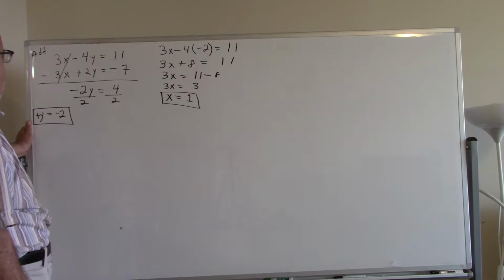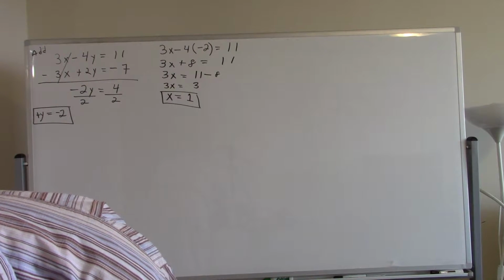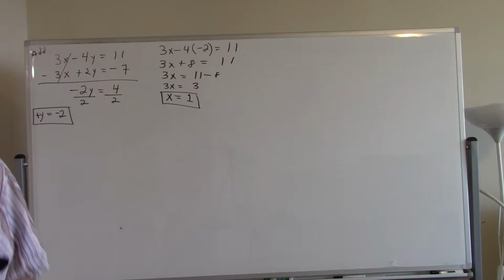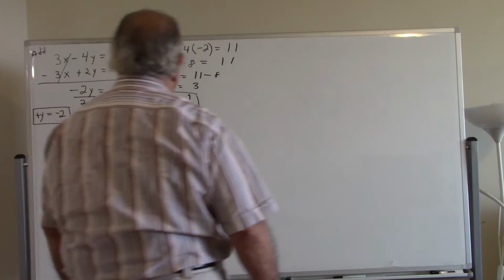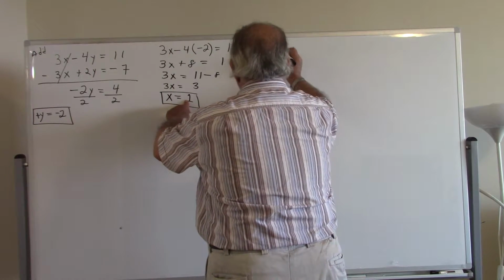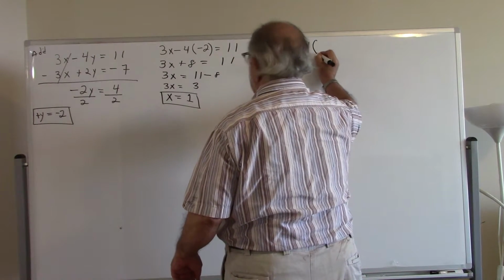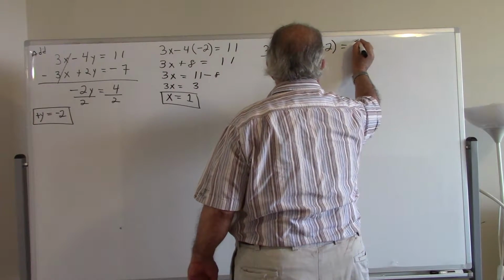Let's just check this out to make sure this is right. Okay, let's just check. 3, and you put a 1 over here, minus 4, and make this a minus 2, equals 11.